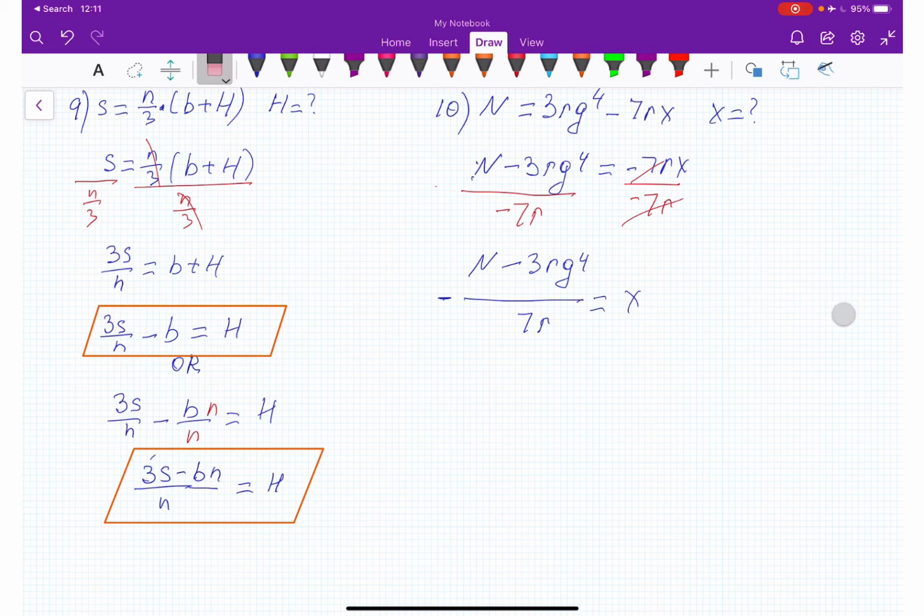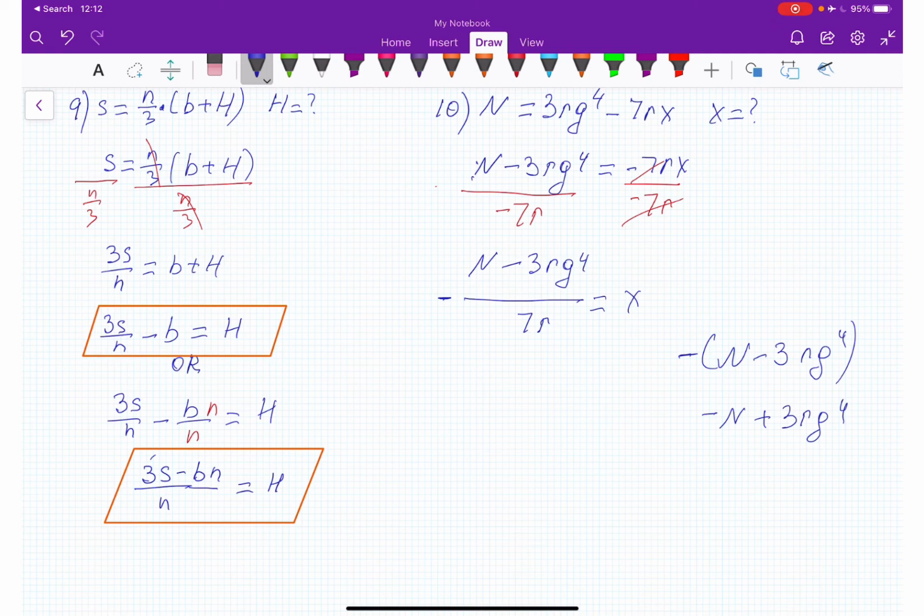To get rid of the negative fraction, all I can do is flip, and it will make it disappear. Remember, we treat the negative sign in front of a fraction as a negative sign in front of parentheses. If I had negative in front of parentheses n minus 3rg to power 4, when I open the parentheses, I will have negative n plus 3rg to power 4.